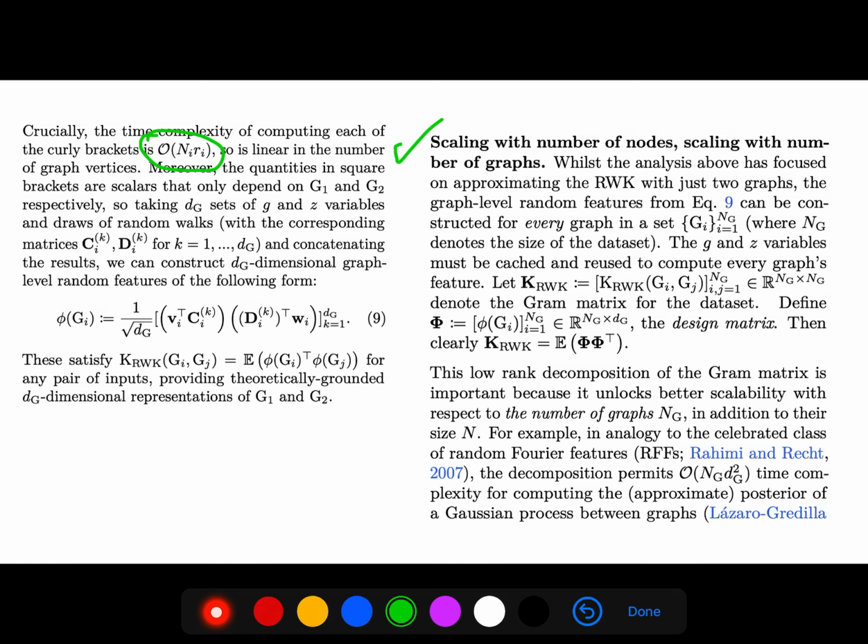While the analysis above has focused on approximating the random walk kernel with just two graphs, the graph level random features from this equation can be constructed for every graph in a set. The g and z variables must be cached and reused to compute every graph's feature. The Lorentz decomposition of the graph matrix is important because it unlocks better scalability with respect to the number of graphs, in addition to size n.